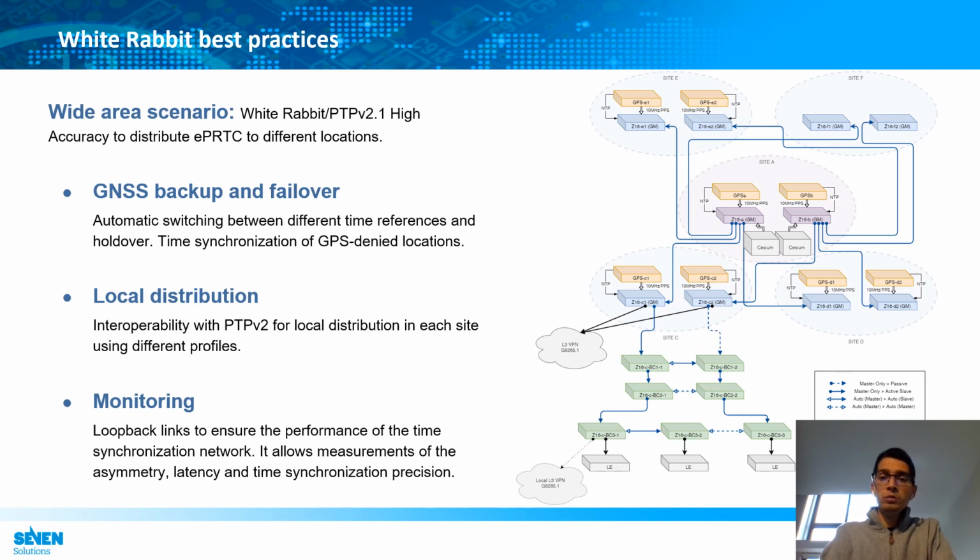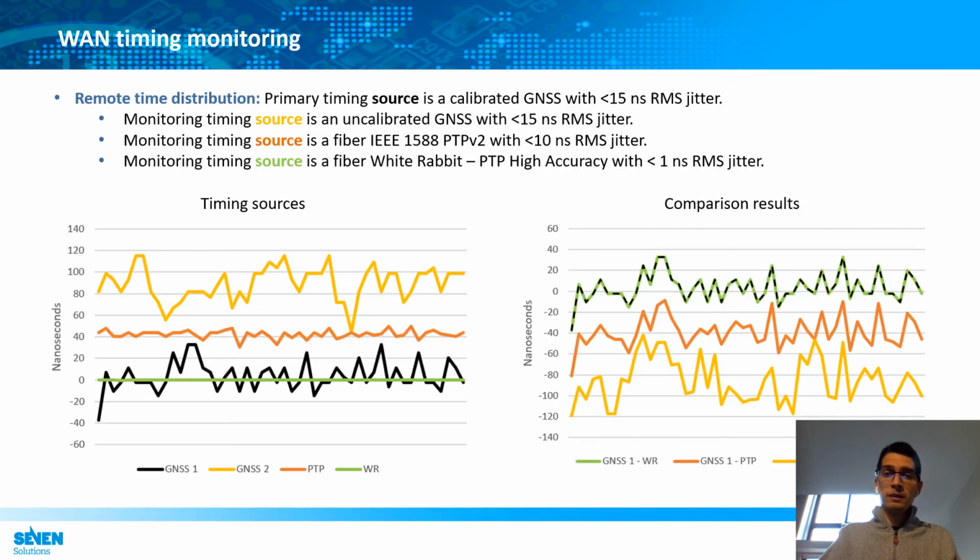So what we could do is not only have this backup to GNSS because of the distribution over fiber and the failover mechanisms, but also some loopback links that will allow us to measure how good our timing is in the different locations, and also to calculate asymmetries, offset and the effect of temperature. So a pretty interesting solution to have a centralized point of measurement.